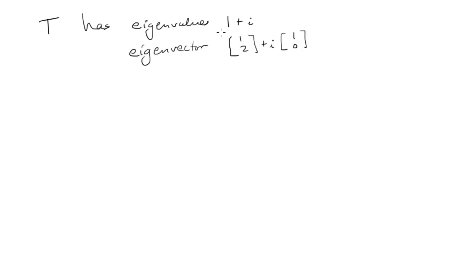So we have a transformation, and it's got eigenvalues 1 plus or minus i, with corresponding eigenvector (1, 2) plus i(1, 0). And we want to find T. There's my real and imaginary parts, so that's going to be my change of basis matrix.